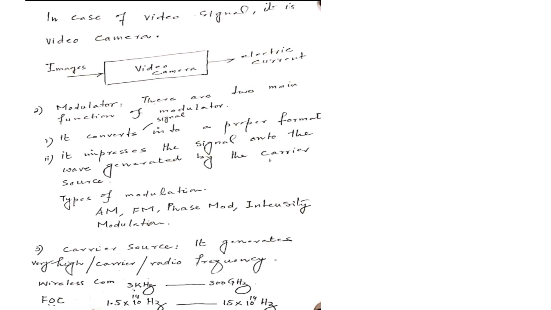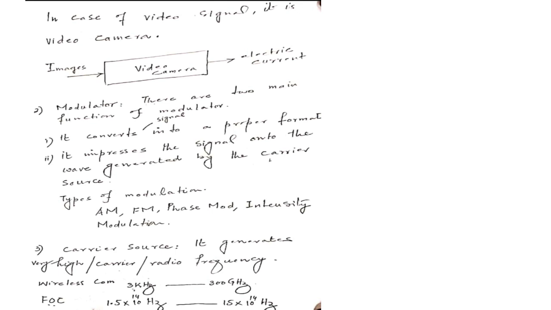In frequency modulation, the modulator changes the frequency of the carrier in accordance with the variation in the modulating signal. In phase modulation, the modulator changes the phase of the carrier in accordance with the variation in the modulating signal.